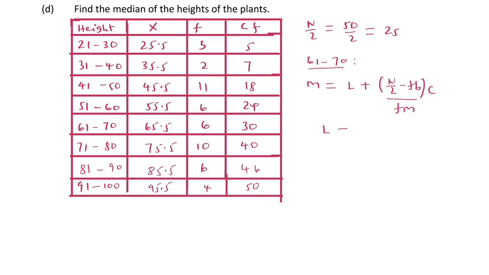Taking the values which we have, the lower limit is going to be 61 plus 0.5, which solving this we get 61.5. FB is the sum of the frequencies below the middle class, which equals 24. Fm is the frequency of the middle class, which we have is 6. And C is the class size, which equals 10.